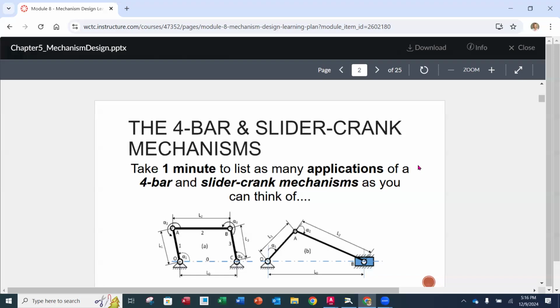Okay. I don't know if it's a minute or not. I wasn't keeping track. But again, a short little list, just some ideas of recalling what they're like.